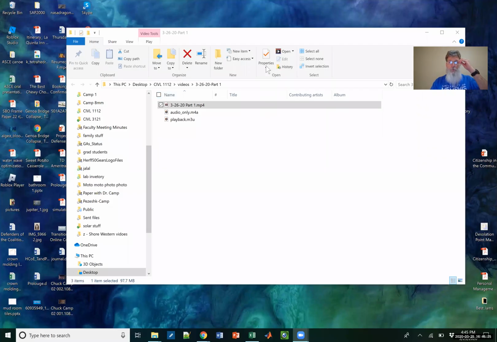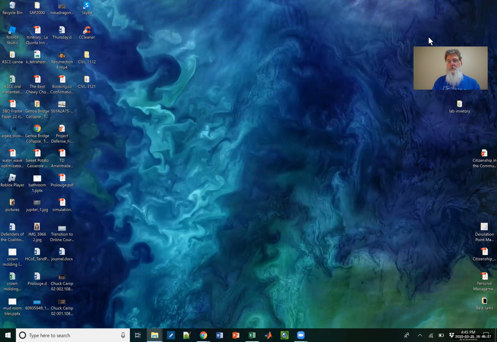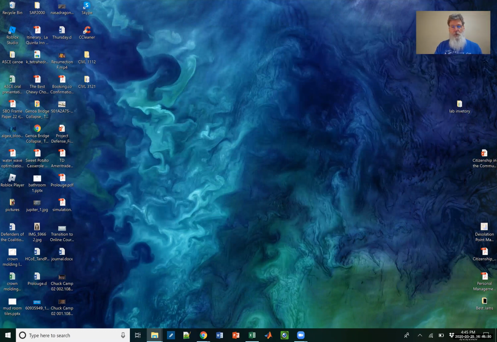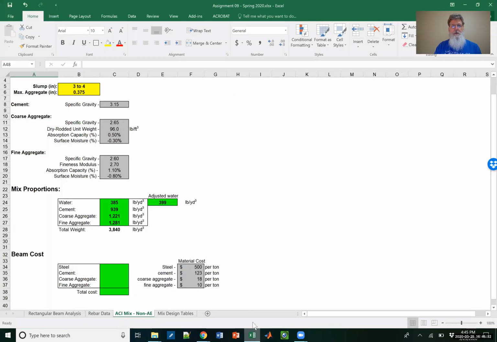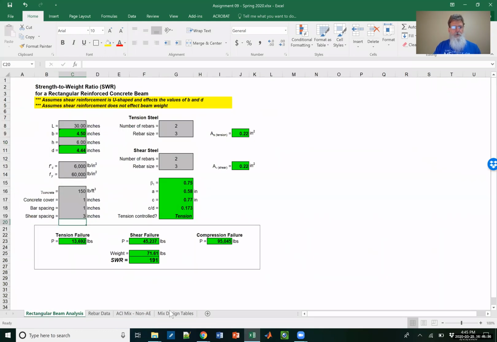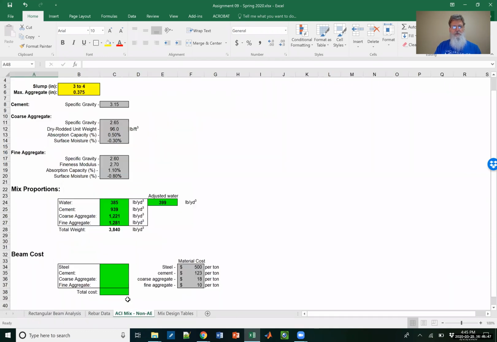All right, so let's share the screen again. So here we are back to my desktop, and I'll open up the spreadsheet, and there we are. So again, just to recap, we are here at the main sheet, and our strength of concrete now is a pull-down menu, which we set last time, and that value is connected to the ACI mix design.